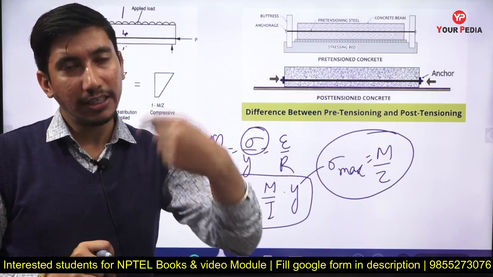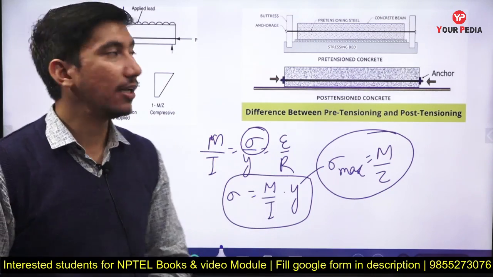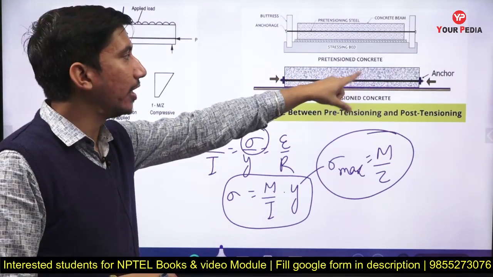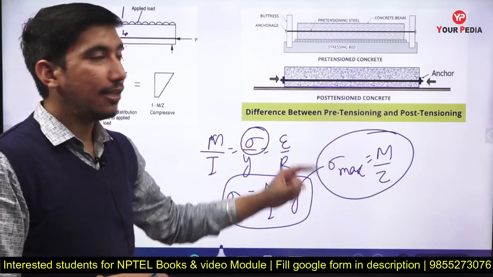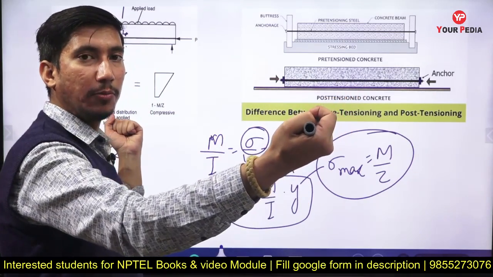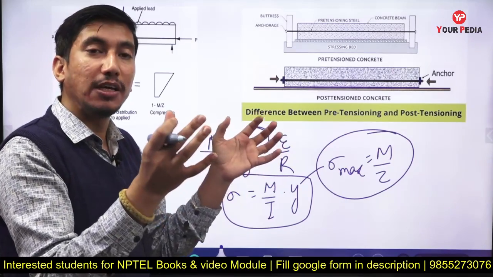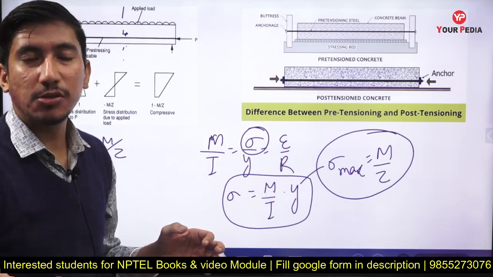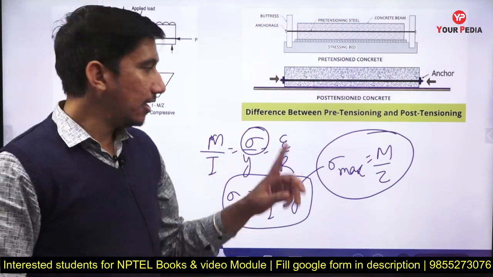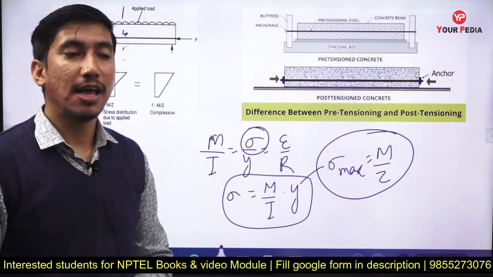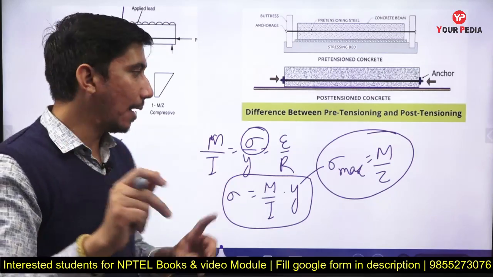So the concrete will now come under compression, because there is a bond between the concrete and the steel. When the steel is pulled, the concrete will be under compression. Because of this compression, compressive stresses will come in the concrete, and these compressive stresses will now neutralize the tensile stresses. So two cases can happen.